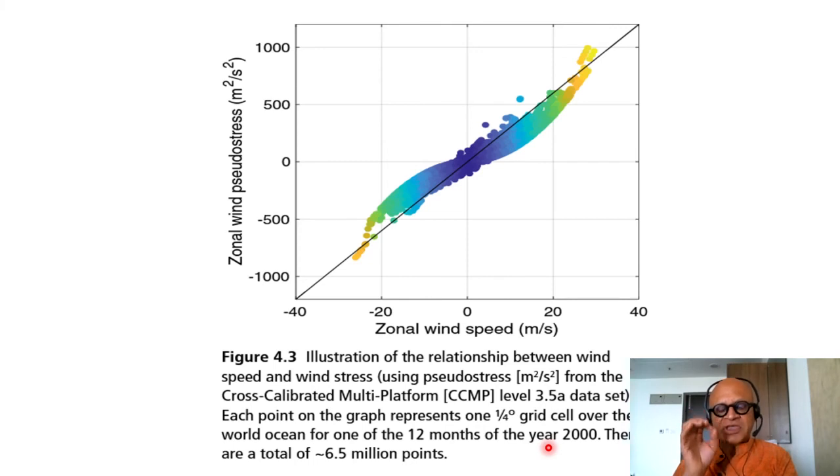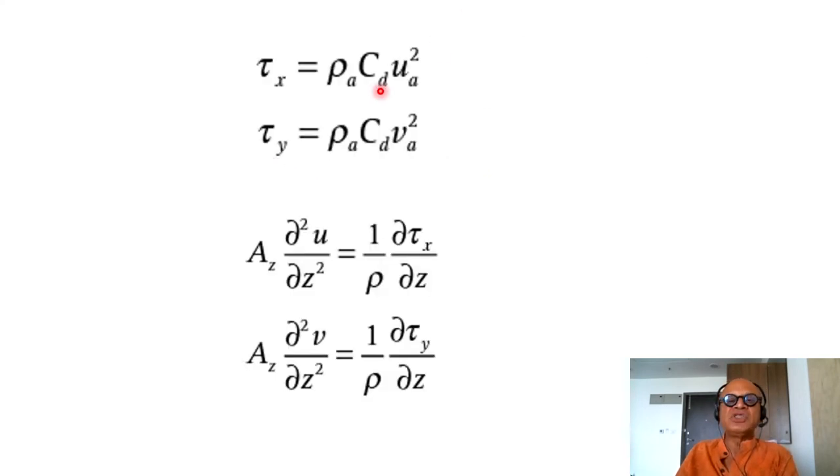So for a particular year, monthly means are used. There are a total of 6.5 million points going into this correlation here. So pseudo stress is basically wind stress converted using these transformations of air density and drag coefficient, which are typically measured in the lab, and whether they work in the field, and so on.